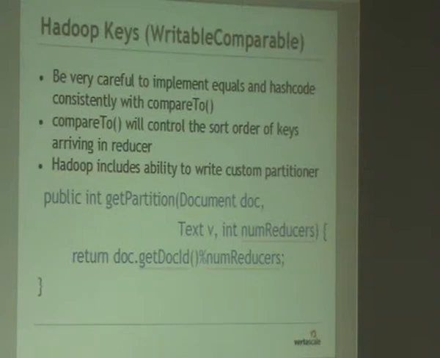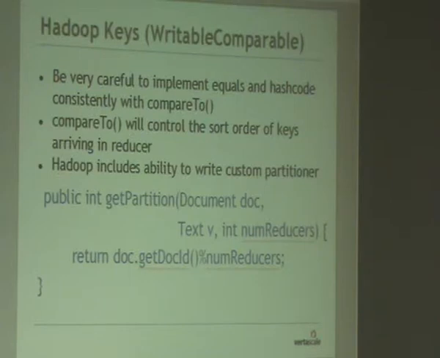There's another type of partitioning called total order partitioning, which specifies the partition points. If you do that, then you can add, let's say, an alphabetical partition, where if you had 2 reducers, you could decide that the first reducer received keys that started with A through L, and the second reducer received keys that started with M through Z.